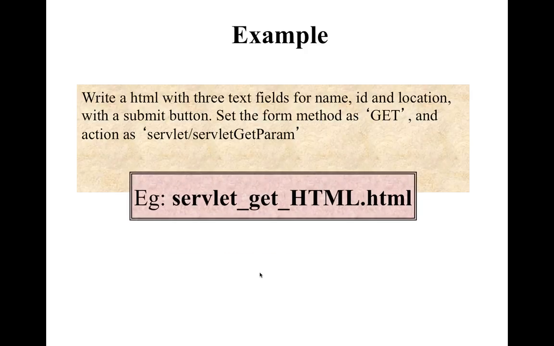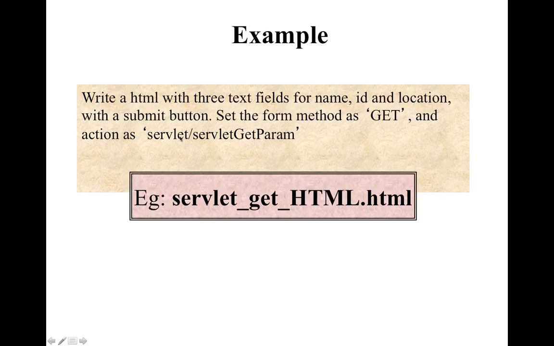Write an HTML with three text boxes for the name, ID, and location with a submit button. Set the form method as get and action as servlet slash servlet get param. So this is one of the exercises for you guys, similar to how we did HTTP get, but instead of that HTTP get servlet, you are going to use what he asked for.